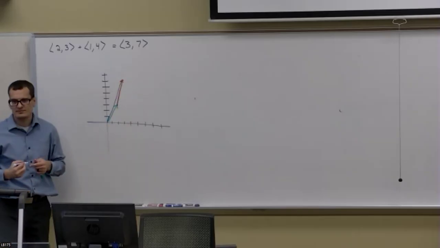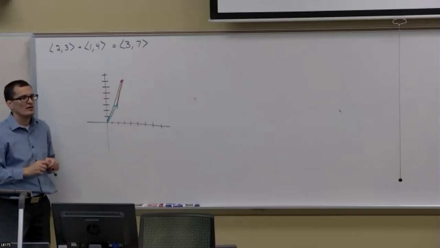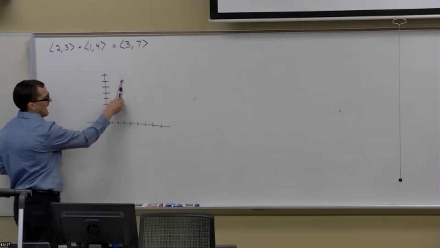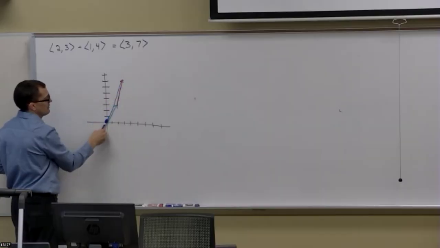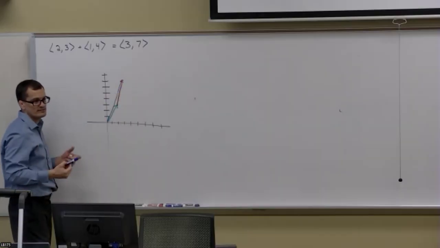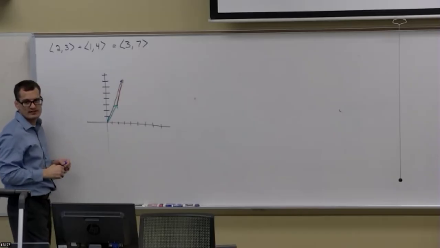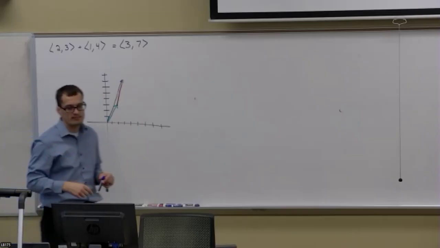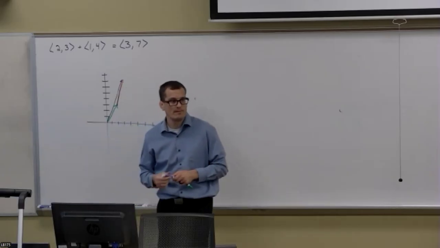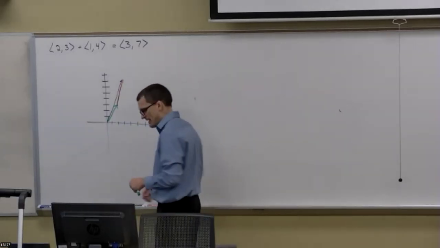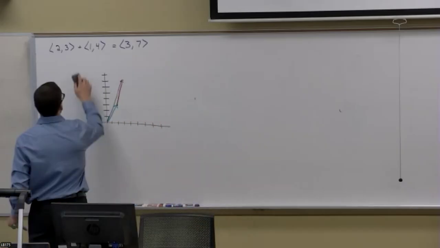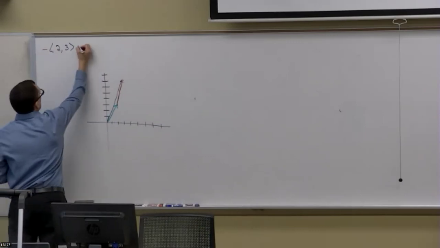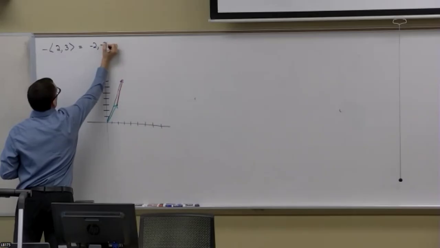Does that make sense? Because if you go in that direction and that length, and then add an additional that direction, that length, you've gone a total of that other direction, that length. They follow. So we're just tacking on vectors back to back. And you can do the same thing with subtraction. All you really need to know is that if you put a negative sign in front of this vector, that's like a -2, -3.